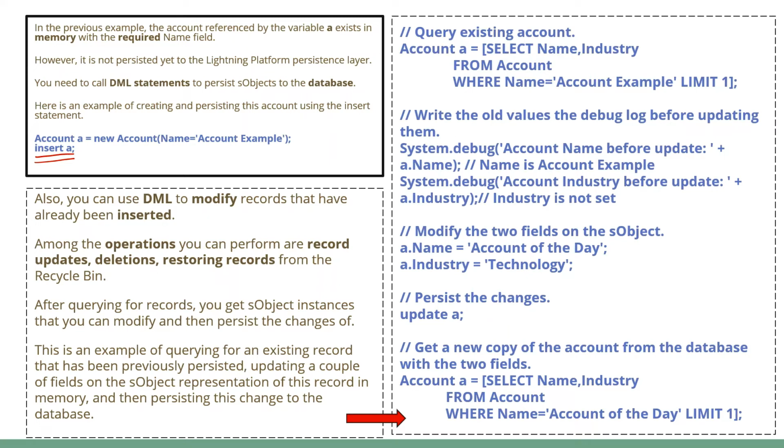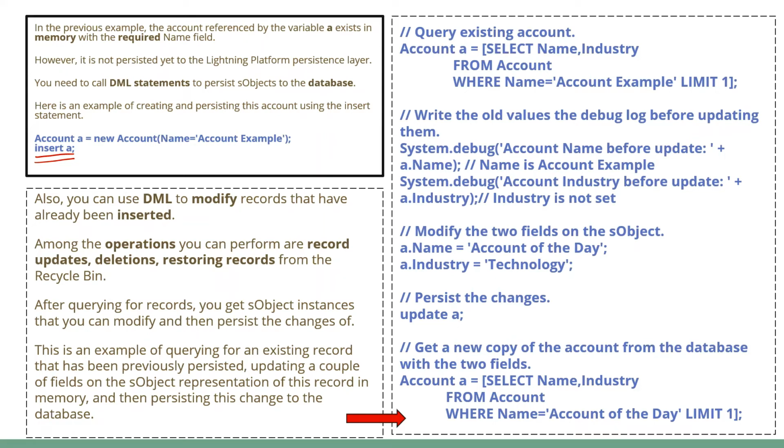This is an example of querying for an existing record that has been previously persisted, updating a couple of fields on that sObject representation of this record in memory, and then persisting this change to the database. So what they are trying to tell is, we have an account where the name of that particular account is Acme. We will just retrieve it from the database by using SOQL, and then we will update it, using that update DML statement.